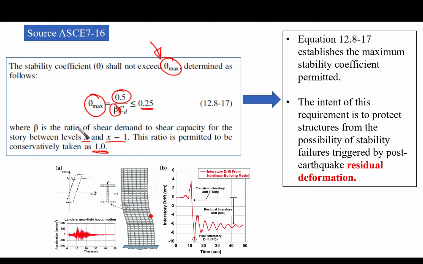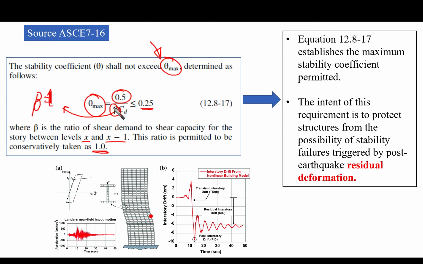That's the difference between the two. Commonly the capacity of the system or the story is larger than the demand, if we designed the structure. But if we want to be conservative, we say that beta equals 1. This means that the capacity and the demand are equal.